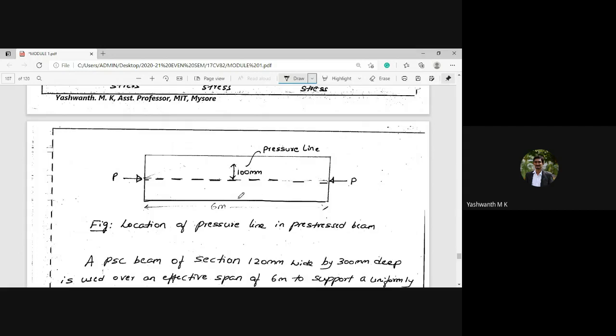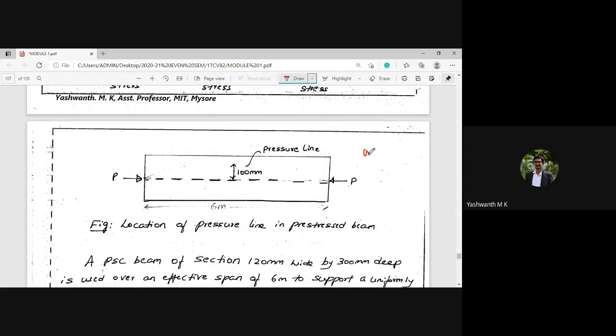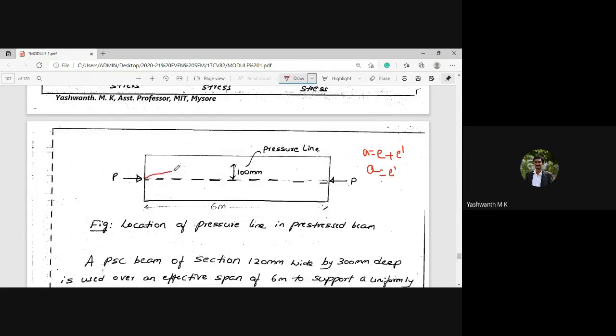Now since e is 0, we know from the formula that a is equal to e plus e dash. Am I right? Since e is 0, a will become equal to e dash. So the pressure line distance I'm going to locate like this.